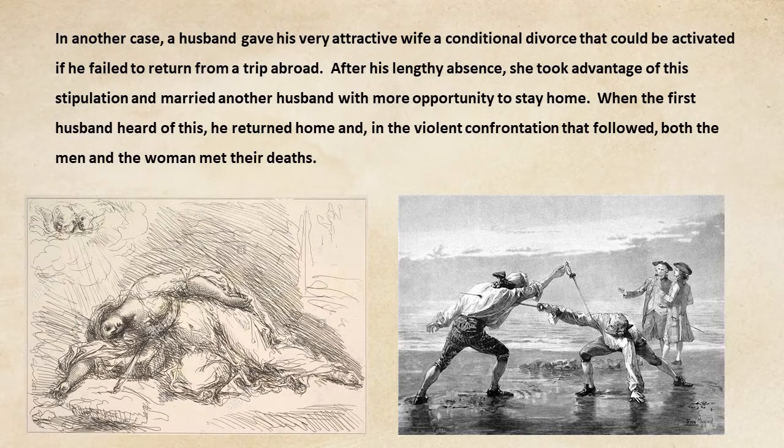When can she get married again? Maybe all of a sudden the husband shows up again. So what people would do sometimes is give a conditional divorce. If I don't show up in a year or whatever, then even if I'm alive or not, this is a divorce that will be activated, and then you can get married to someone else.